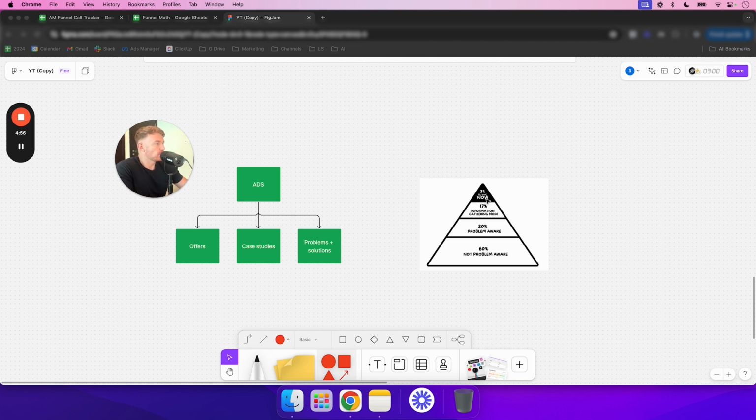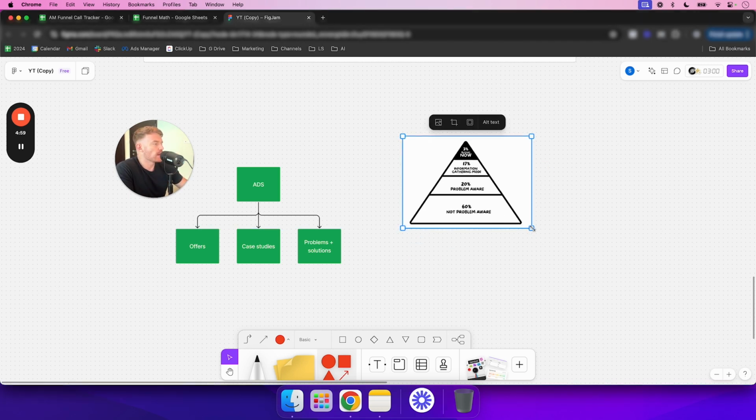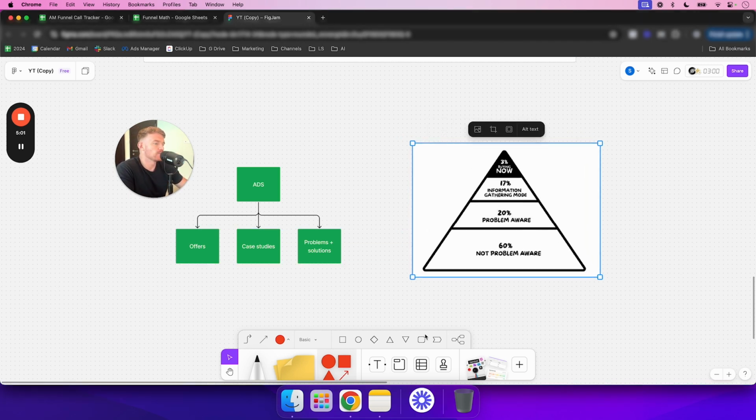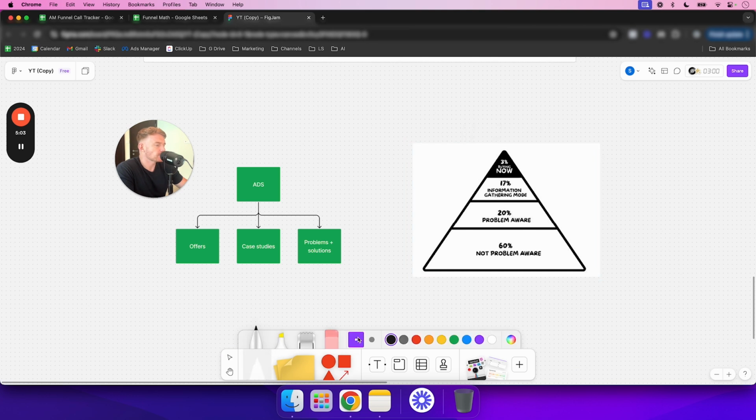I've talked about this a lot on the channel, and I've talked about this a lot to my email list as well. Now, I stole this diagram from Sabri Suby, and he basically says that most people's marketing targets the people that are in buyer now mode. So these ads are very direct, they lead with the offer. And he says, if you really want to scale, and bear in mind, he mainly helps coaching businesses and info products scale.